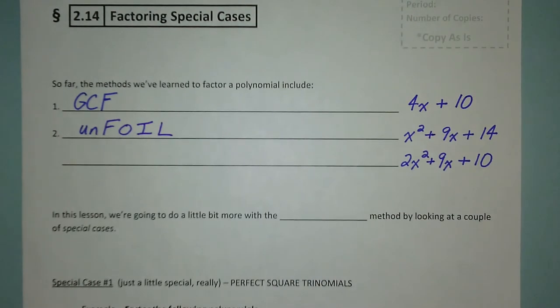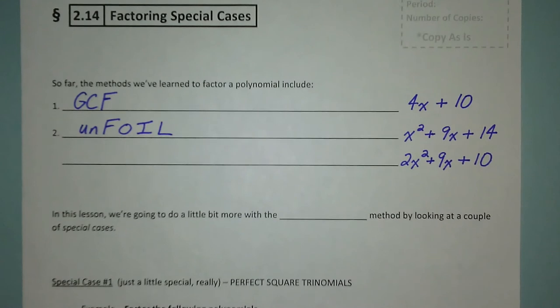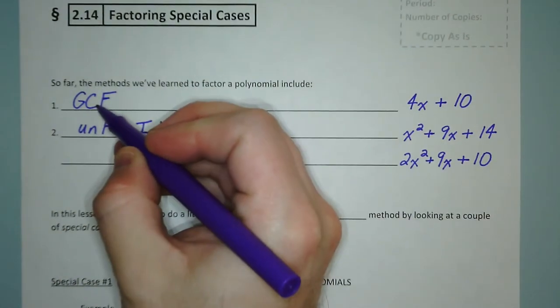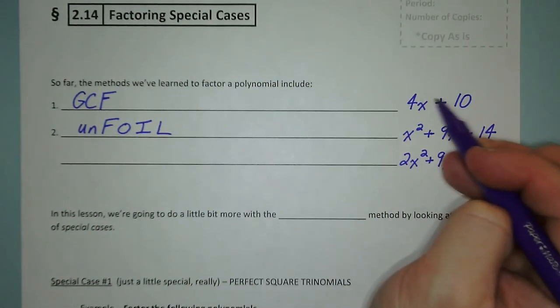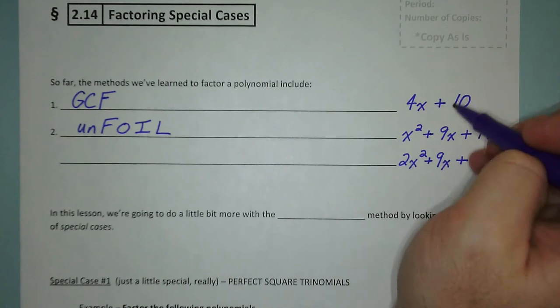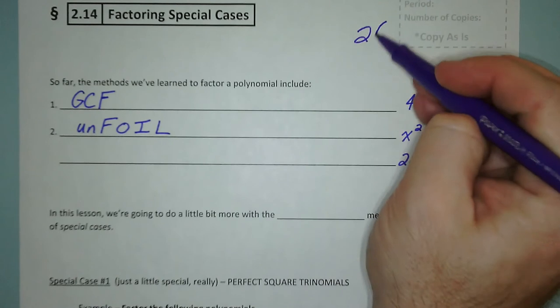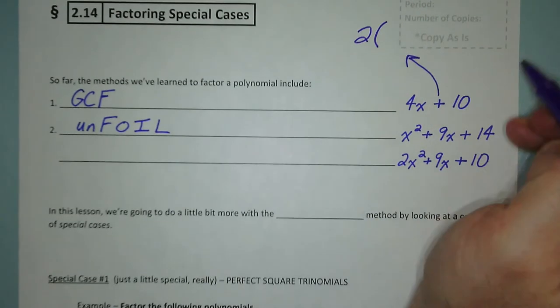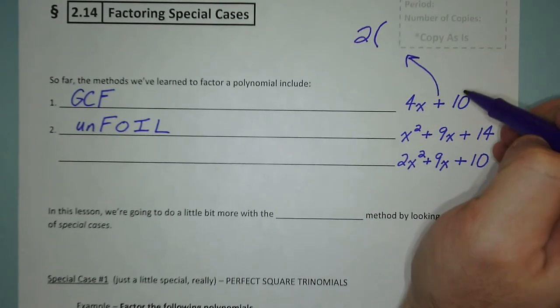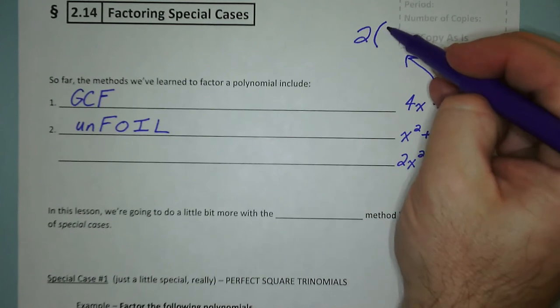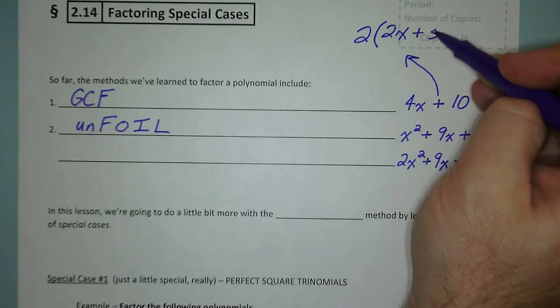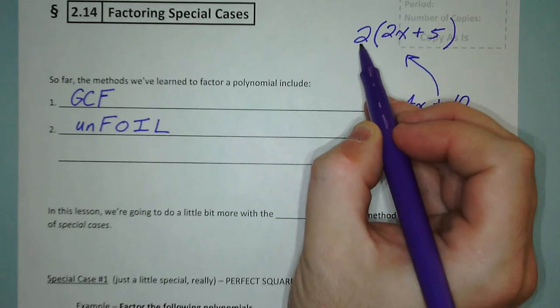And I suppose a lot of teachers and textbooks are different, but the other major method is unfoil, okay? Because when you factor by GCF, let's look at this one for example. The GCF of 4x plus 10 is just 2, and so you're factoring out that GCF of 2, and one of the factors is 2.